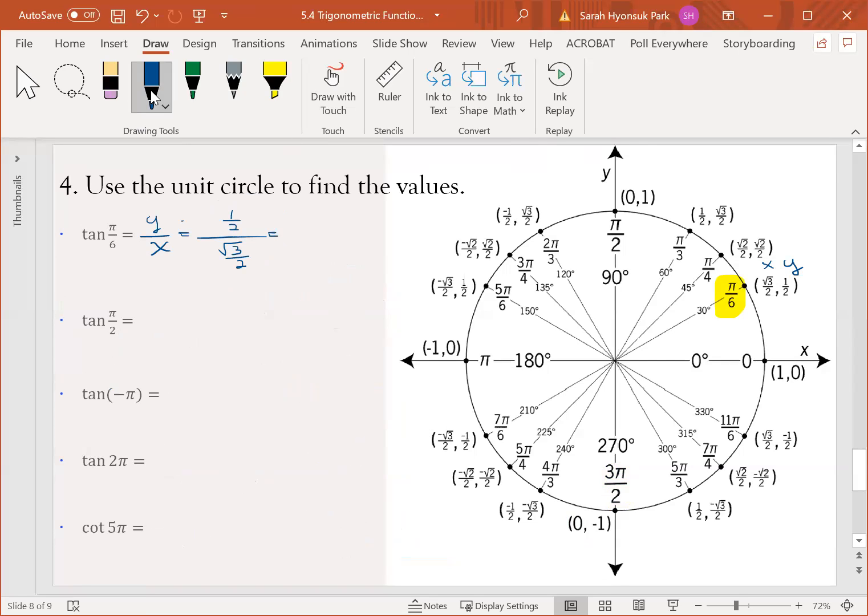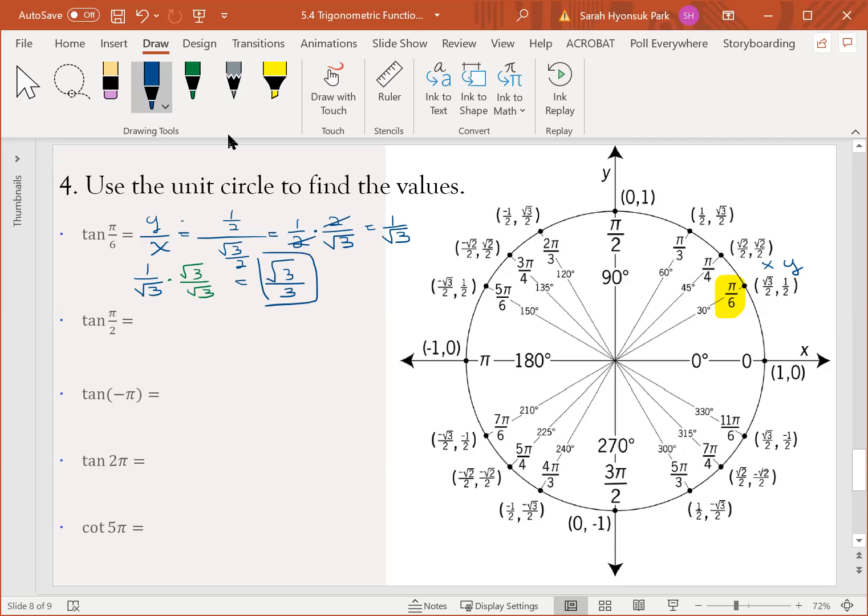And take the top, multiply by the reciprocal of the bottom, which is 2 over √3. The 2 cancels out. We get 1 over √3. We have to rationalize. So 1 over √3, multiply that by √3 over √3, giving us √3 over 3. So tangent of pi over 6 is equal to √3 over 3.